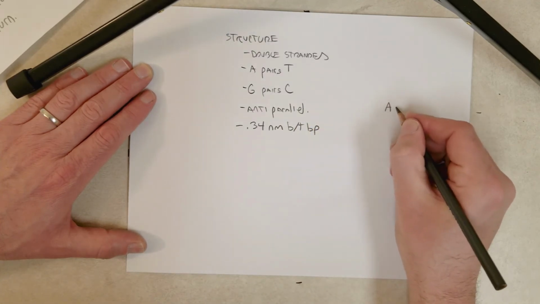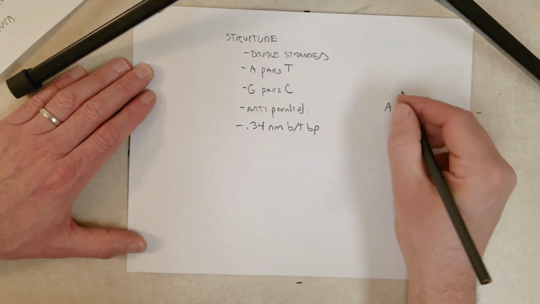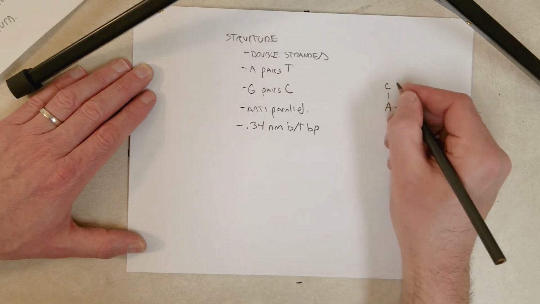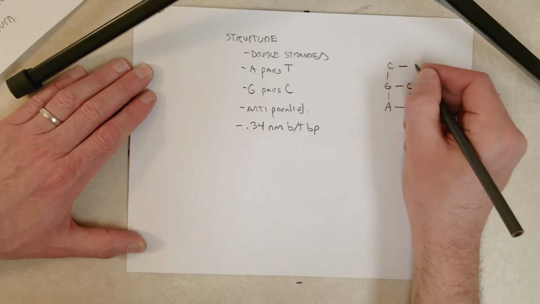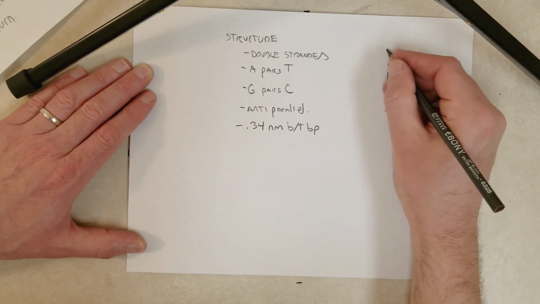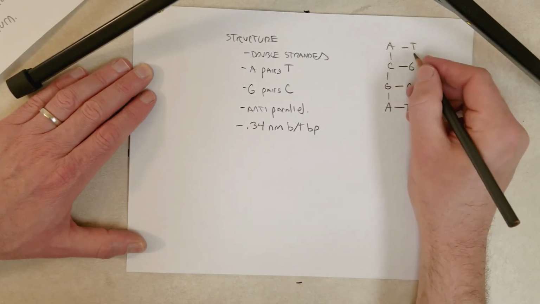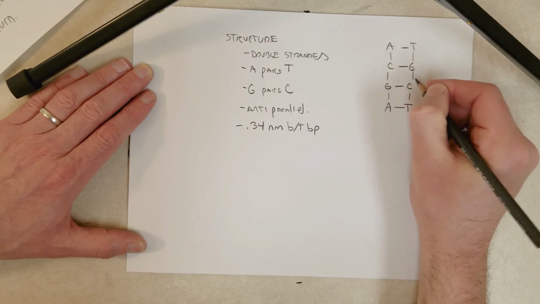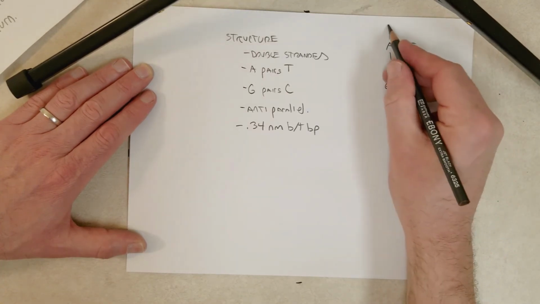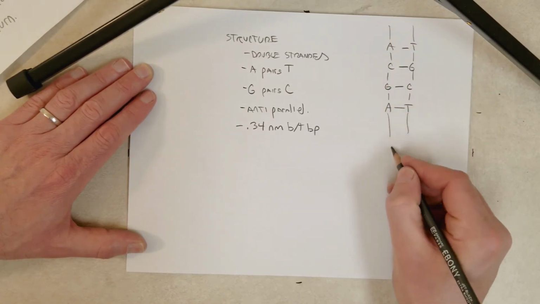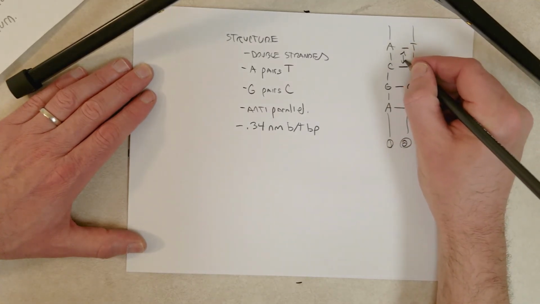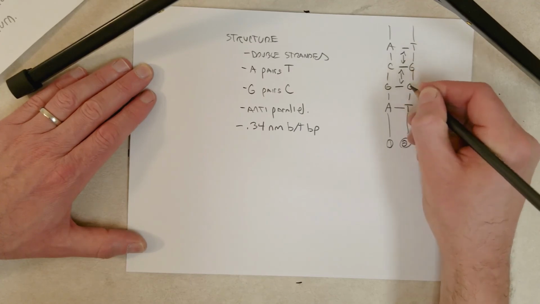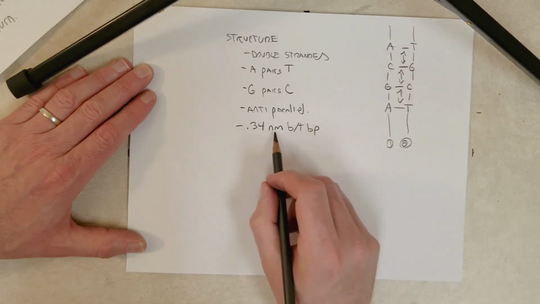So let's say if this is A and it's paired with T, and then this is G and it's paired with C, and then this is C and it's paired with G, and A is paired with T again. Now let's say these are the 2 strands, strand 1, strand 2. The distance between these is 0.34 nanometers.